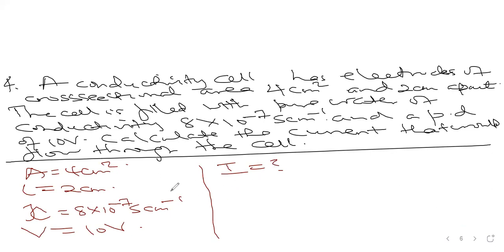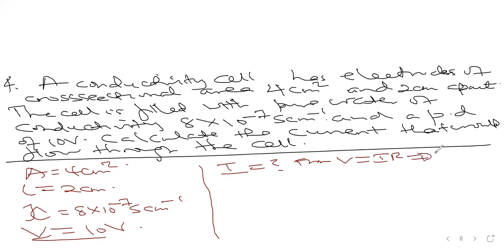How do you get current? How do you get current from your physics? Which relationship exists between current and this voltage here? So you are aware that from V is equal to IR, you know that.